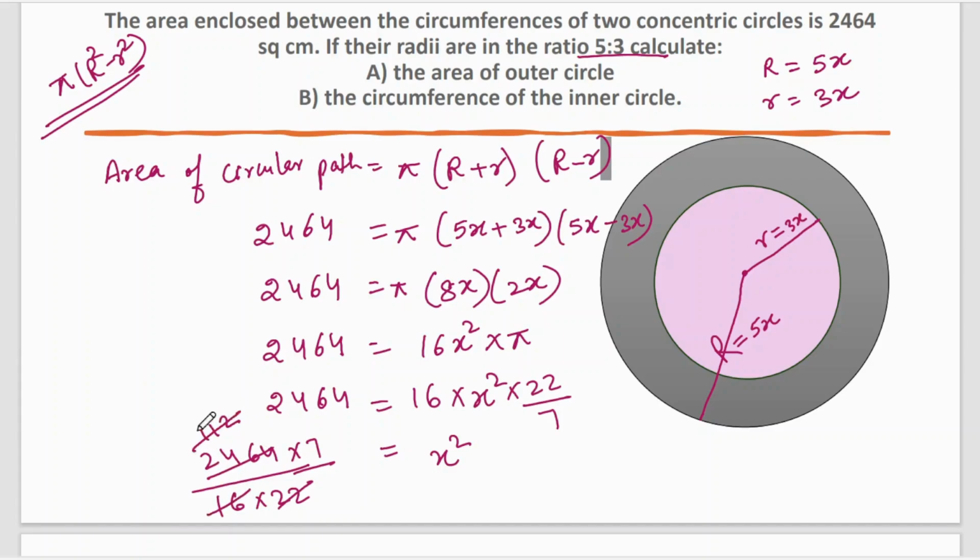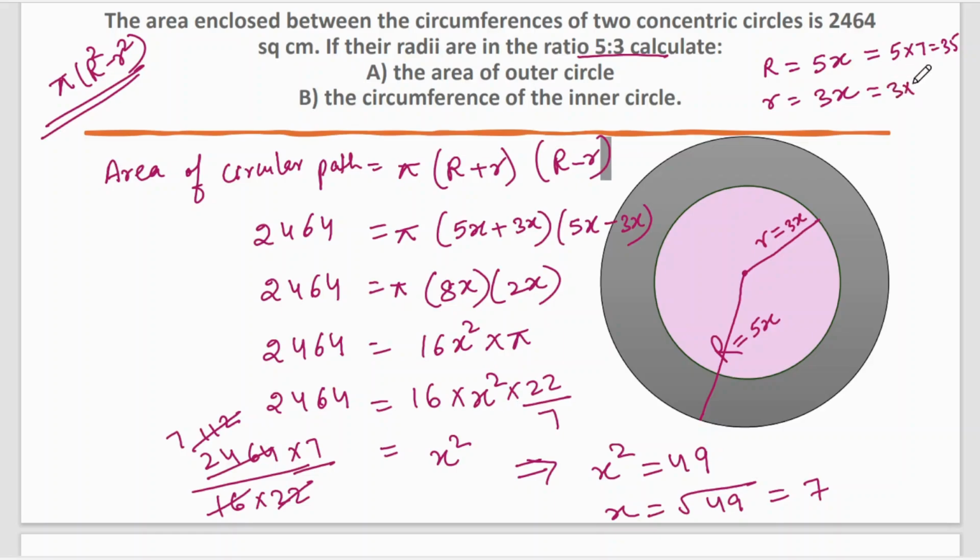Now you can cancel 7 times, so you have got x square equal to 49. So x will be under root 49 and that is 7. So now I got the value of x. So now you can know the value of capital R. It is 5x, so 5 into 7, it is 35. And small r is 3x, so 3 into 7, it is 21.